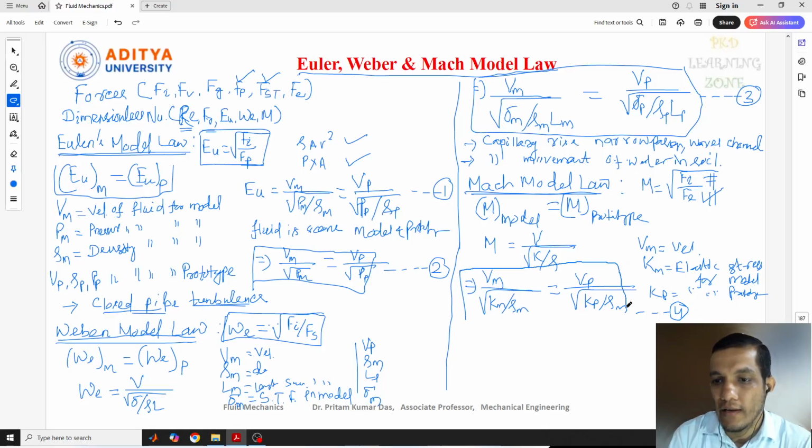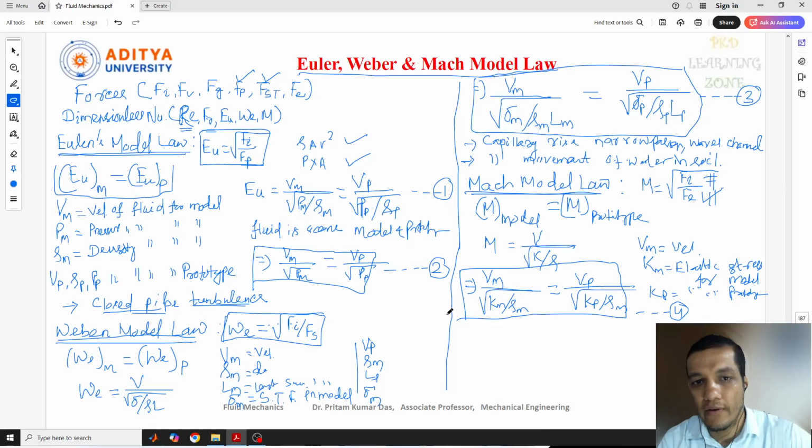Now, this Mach model law, when it is derived, it will have some applications. Mach number is used to define what kind of flow it is, like supersonic flow or subsonic flow, to identify flow types. So basically this model is applicable when an aeroplane or flight is moving, like flies.